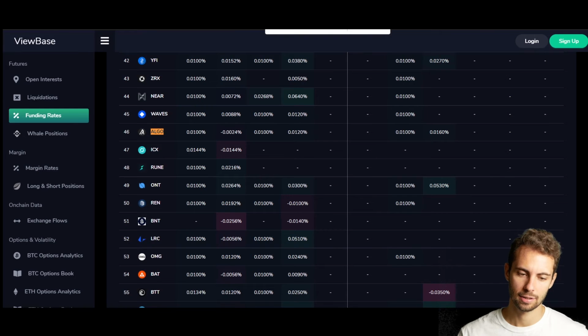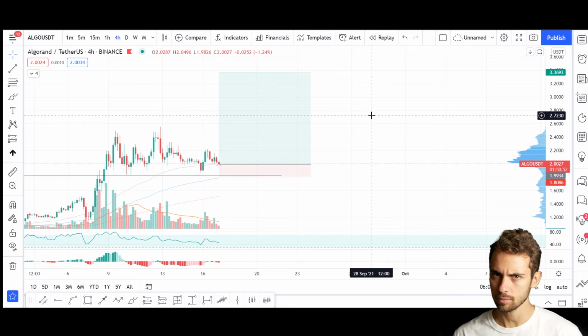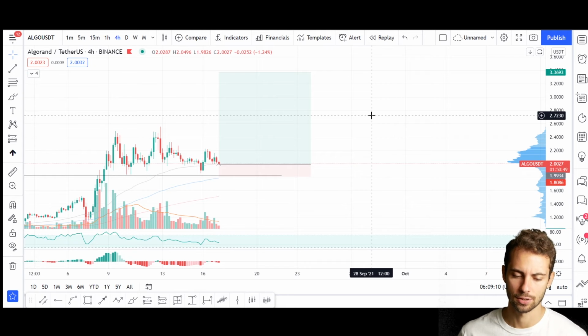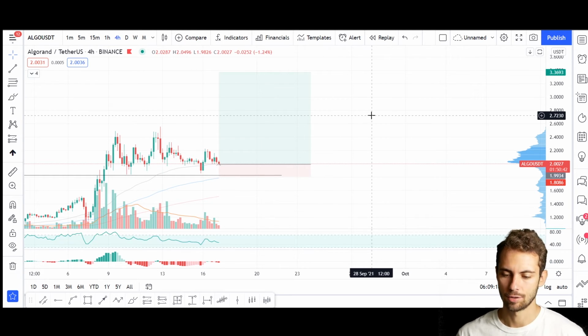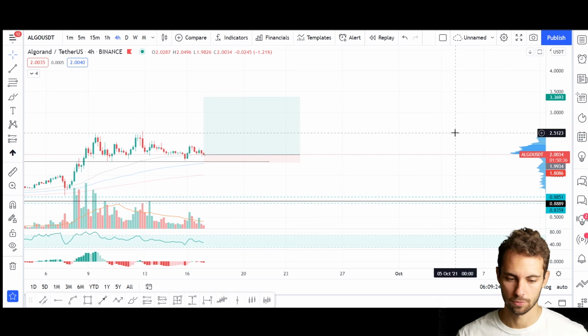Something that made Algorand such a robust investment in recent time was this turn from centralization to decentralization, a process that is increasing. So right now Algorand might be on the verge of another rise higher.